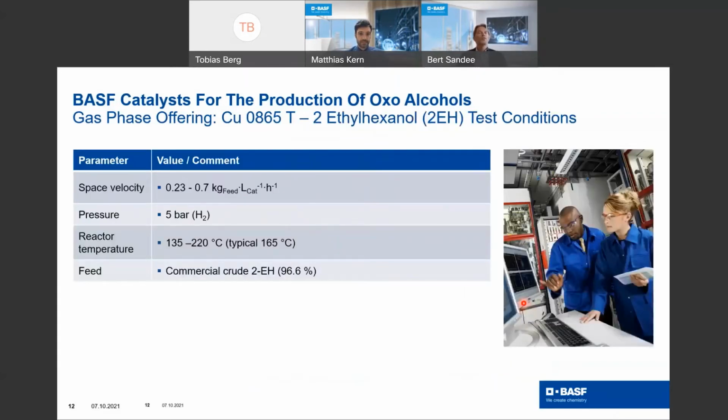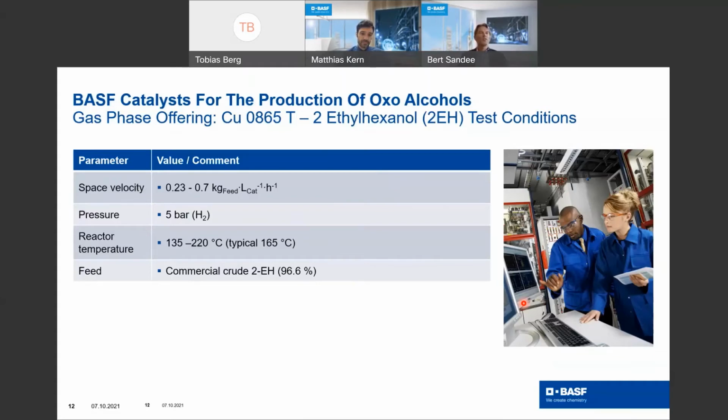Our showcase today is about the hydrogenation of 2-ethylhexenal to 2-ethylhexanol, which is abbreviated as 2EH in the rest of the presentation. And these are the testing conditions. So we've been varying the space velocity. We're testing at a pressure of 5 bar to keep everything in the gas phase.